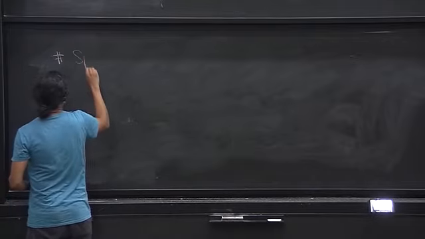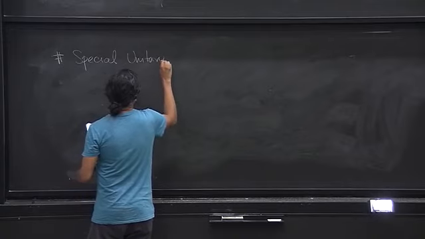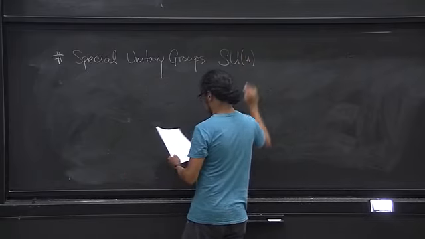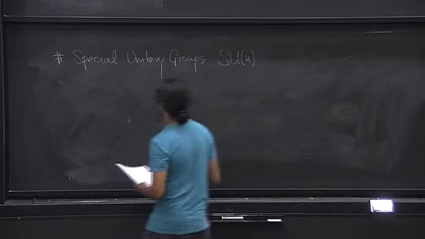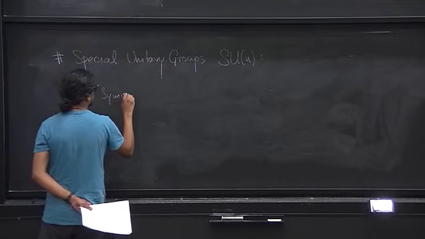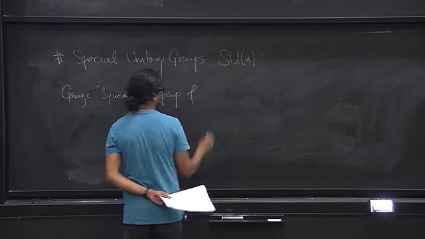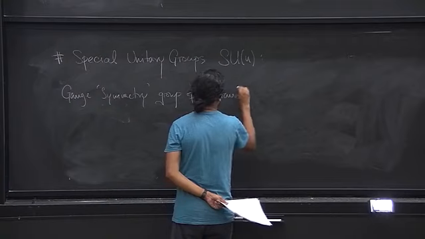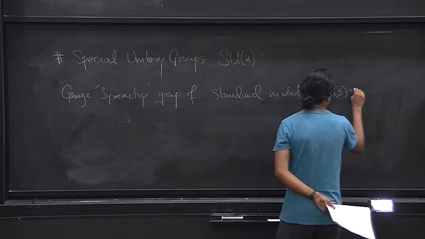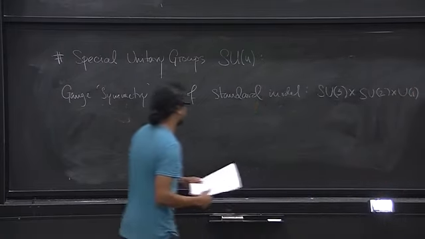So the special unitary groups, SUN. It turns out the gauge symmetry group of the standard model is given by a product of unitary groups, and there's some Z2 factor here that I don't remember correctly.